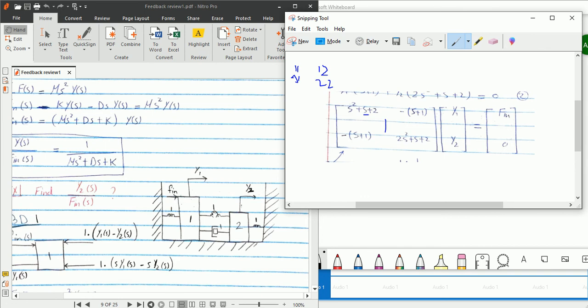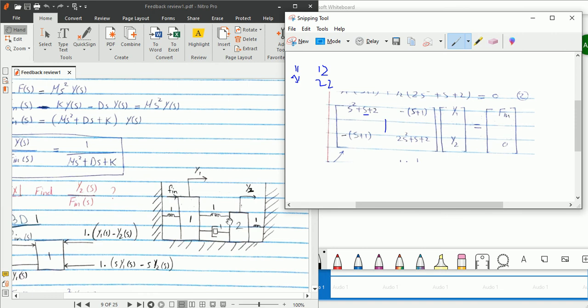So these are 1 and s, that is s plus 1. Okay, you have minus s plus 1. Now come here, apply the negative and add all the components between 1 and 2 which are same, that is s plus 1. Now for the 2 2, sum all the components which are connected only to 2.